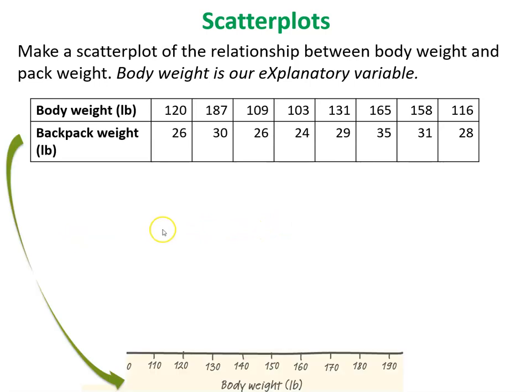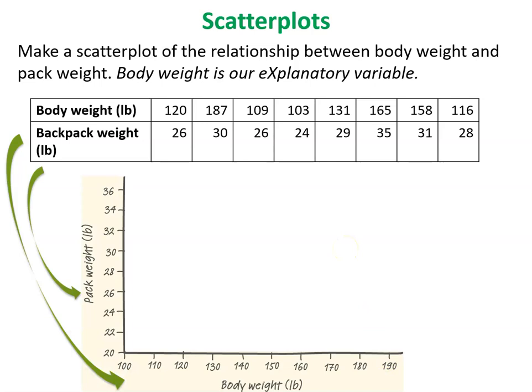So first thing we're going to do is make an x-axis for our body weight. I'm starting from like 110, it got cut off a little bit, but this is like 100. So from like 100 to 190 on my scale, because my lowest, it looks like, is 103. So I started at 100, and my highest is 187, so I went to 190.